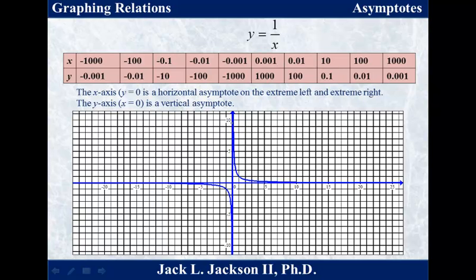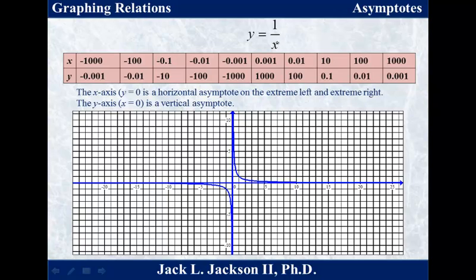What's happening? This thing is going nearly vertical. It's going way, way up there. So as x comes in from the right side, getting closer and closer to 0, the y's are getting bigger and bigger without bounds. So this line is going more and more like vertical.